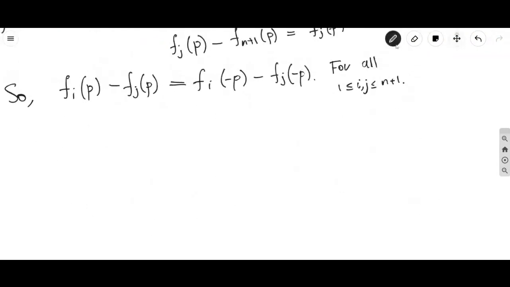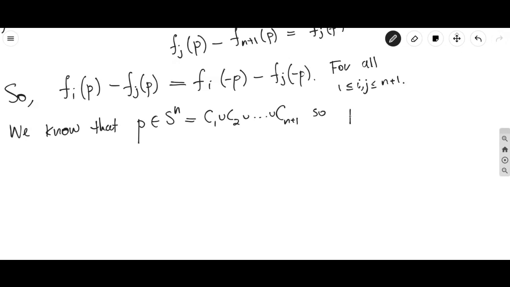So here's how we get our contradiction. We know that P is a point on Sn, and Sn is a union of these closed sets. So P belongs to Ci for some i.